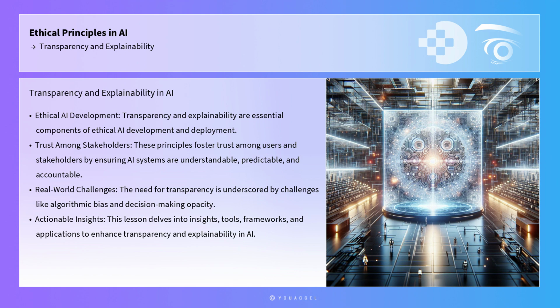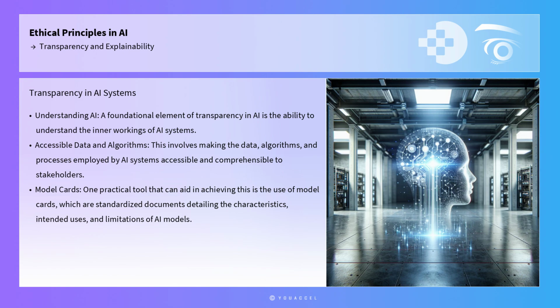This lesson delves into actionable insights, practical tools, frameworks, and step-by-step applications that professionals can implement to enhance transparency and explainability in AI. A foundational element of transparency in AI is the ability to understand the inner workings of AI systems. This involves making the data, algorithms, and processes employed by AI systems accessible and comprehensible to stakeholders.